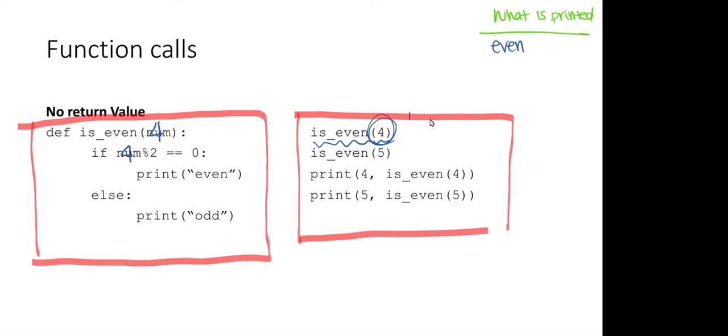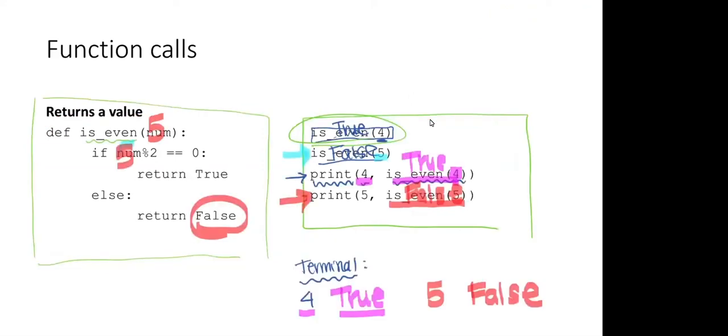So this is the difference between having a return versus a print. For return, we return the true value, but nothing actually prints. Nothing is being told to print.